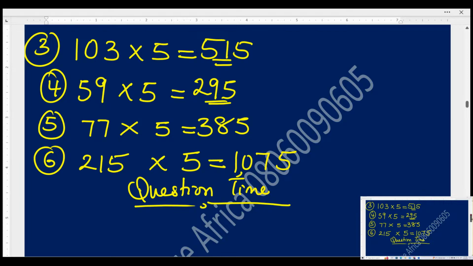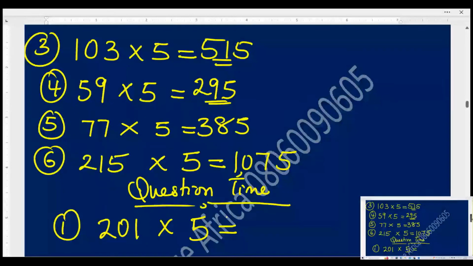You'll be seeing the first question on my screen. What is 201 times 5?